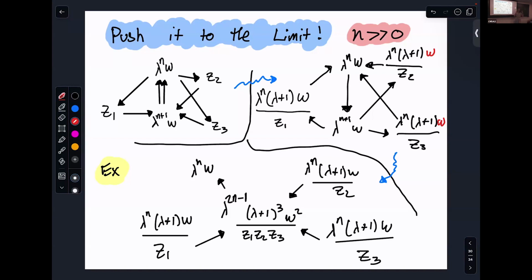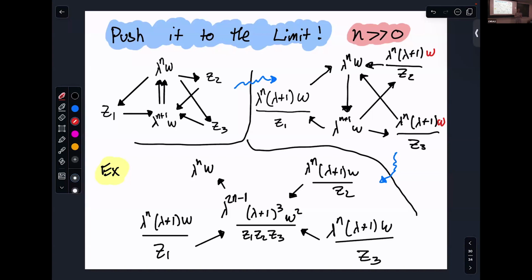And so I am just assuming that lambda to the 3n is much bigger than lambda to the n. And so I just eliminate that part from the exchange. So basically what I'm left with is that this variable is the product of these three divided by this one, equal to this guy here.